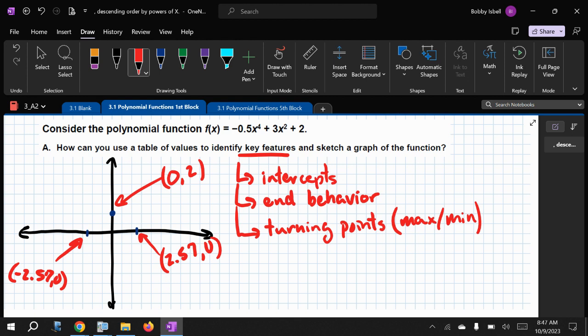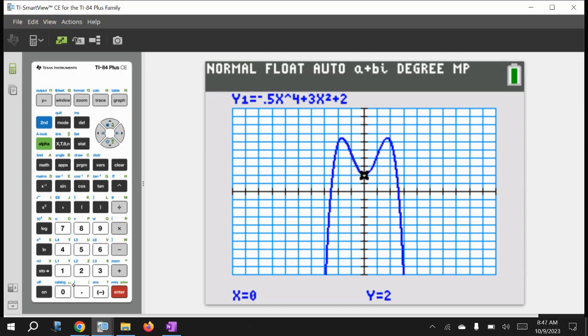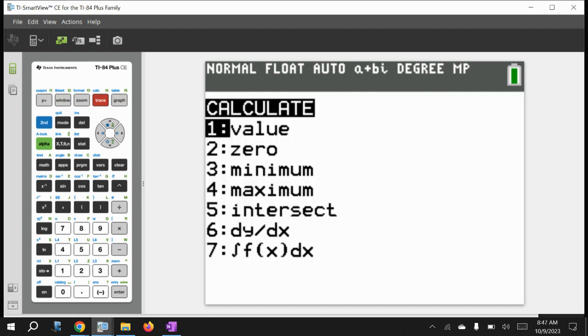Now we also want those maxes and mins that we found. So I'm going to use the calculator to help me find those. If I hit second trace, it has a tool for finding a minimum and a tool for finding a maximum. And it works the same way as the zero tool. So let's go to the maximum.